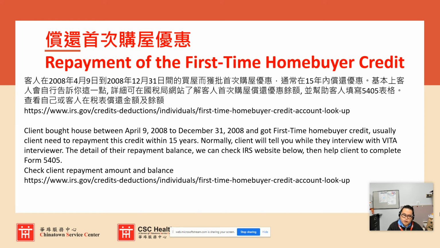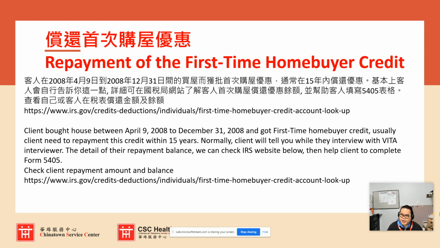When they give this information, it will give you details of how much they owe and how much they paid, and the total they received from this credit, either 7,500 or 8,000.